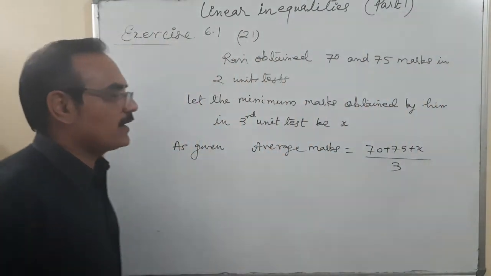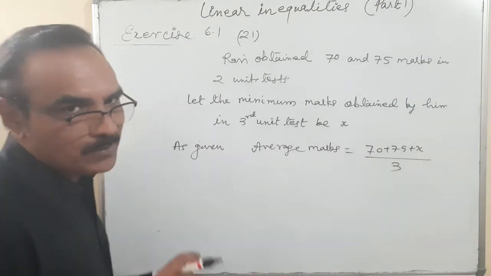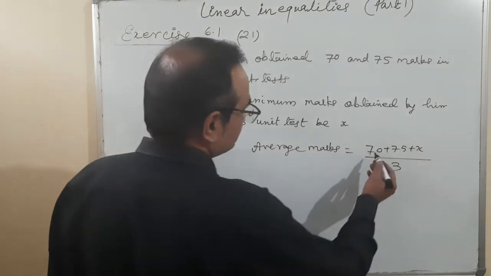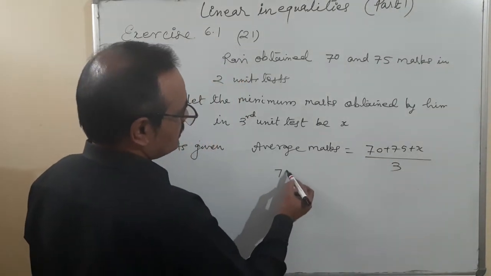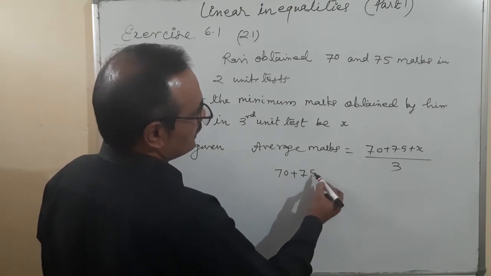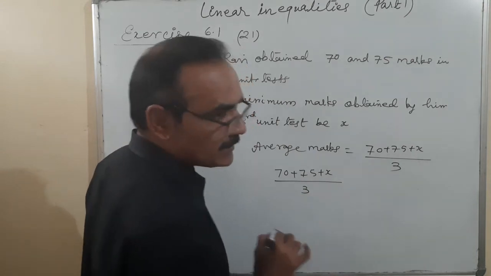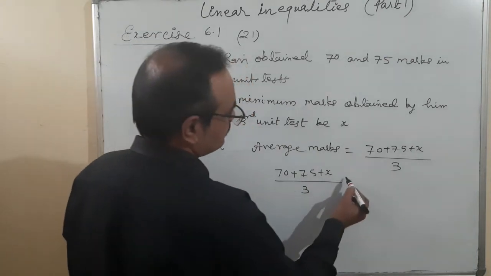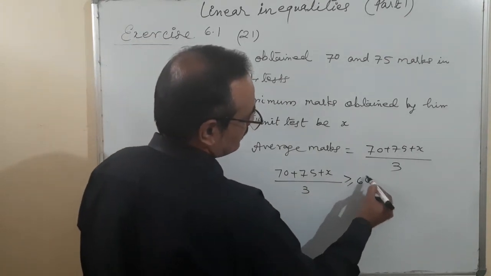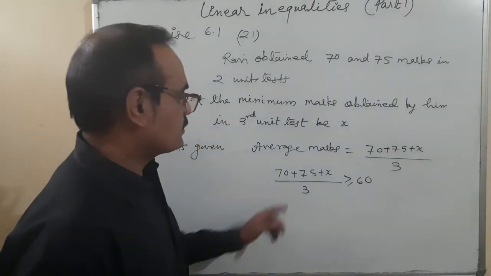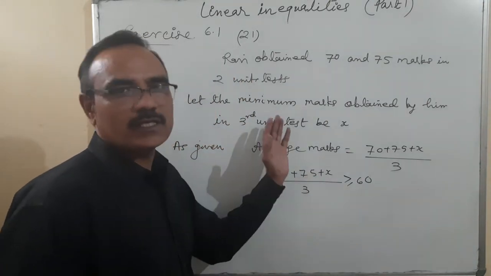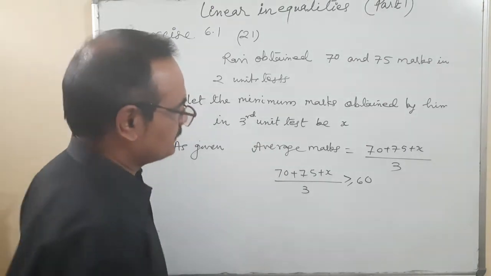He should obtain an average of at least 60, minimum 60 should be the average. So as given, (70 plus 75 plus X) upon 3, and this average is at least 60. So the average is minimum 60 or more than 60. This is the meaning of at least.